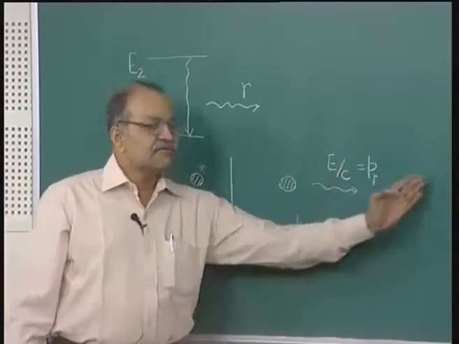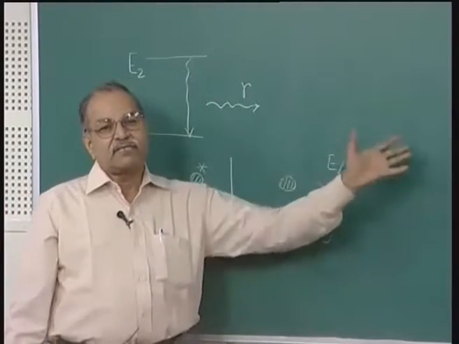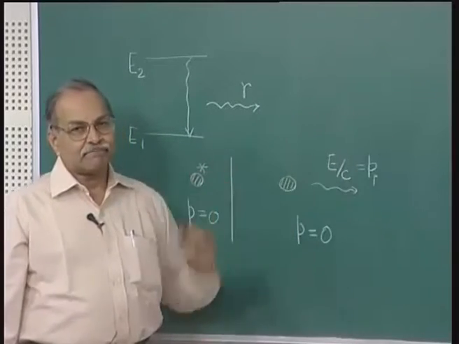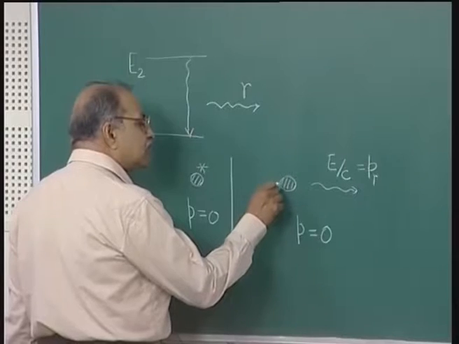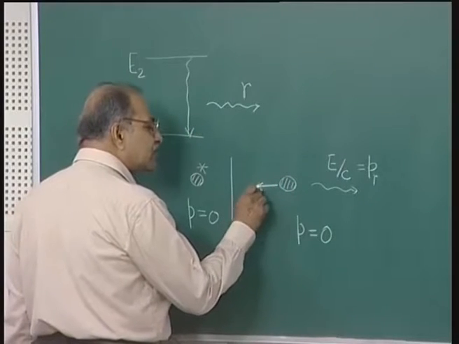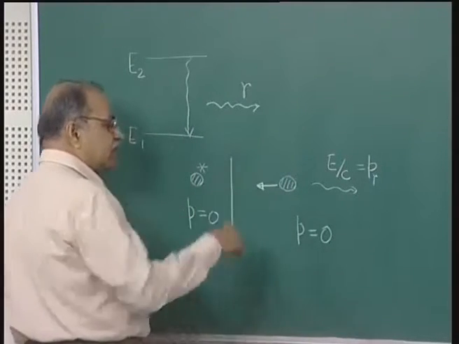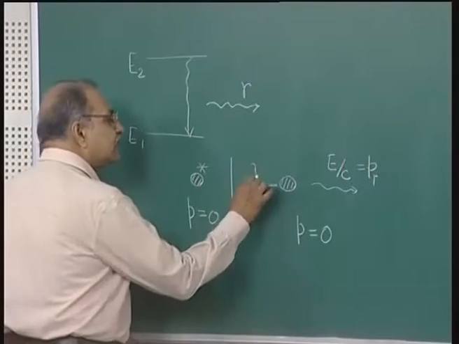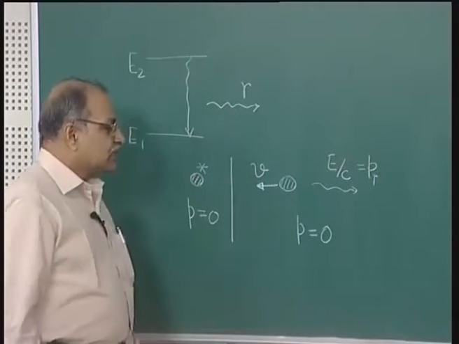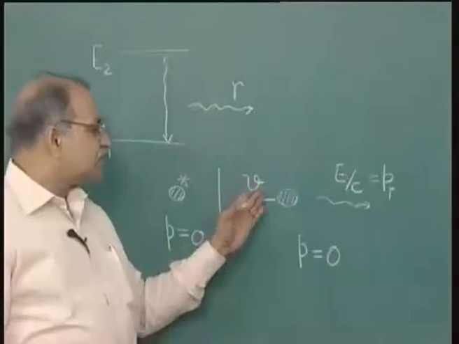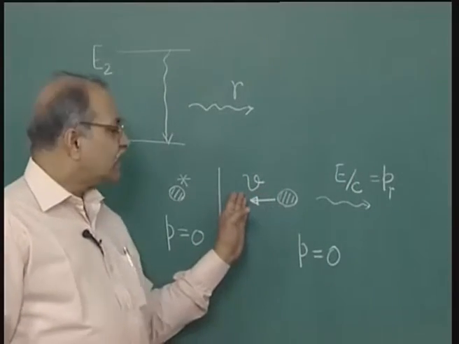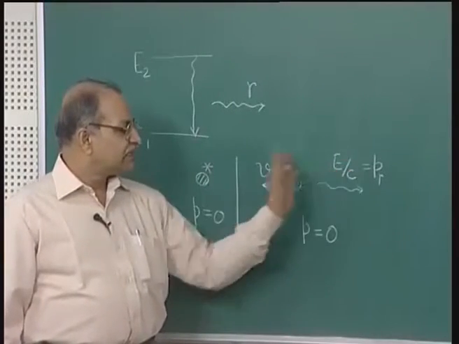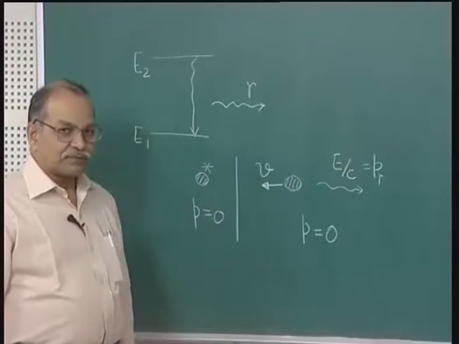This is in the forward direction, the direction of travel of the gamma ray, and therefore, to make the total momentum 0, this daughter nucleus, the nucleus in the ground state, must recoil backward with a certain velocity v, so that the linear momentum of this nucleus and the linear momentum of the gamma ray add to 0.